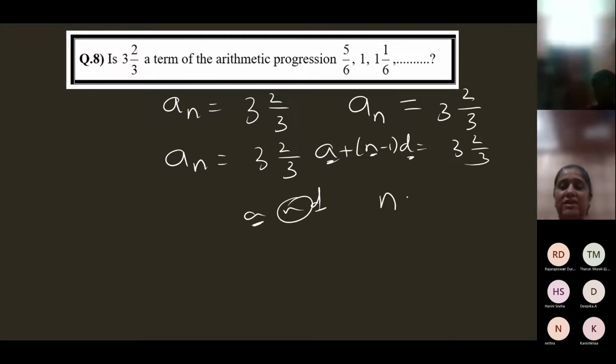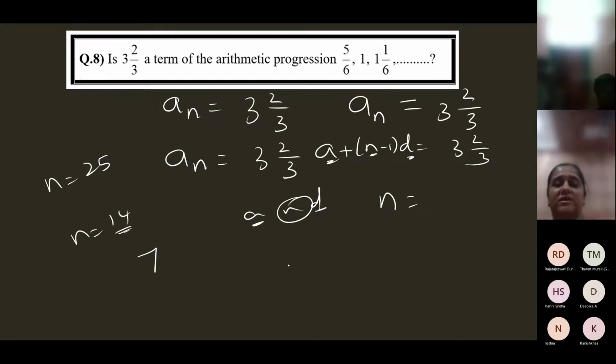Now, if n is negative or n is a fraction, see n represents a particular term of the AP. n can be like 25. If n is 25, the 25th term is 3 2/3. If n is 14, the 14th term is 3 2/3. If n is 7, the 7th term is 3 2/3.